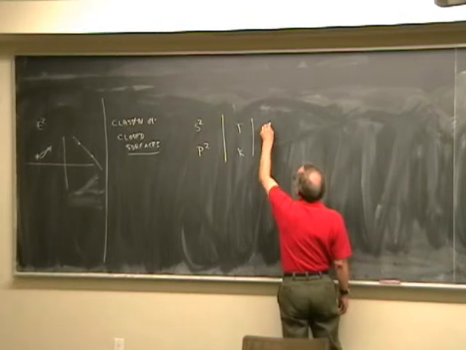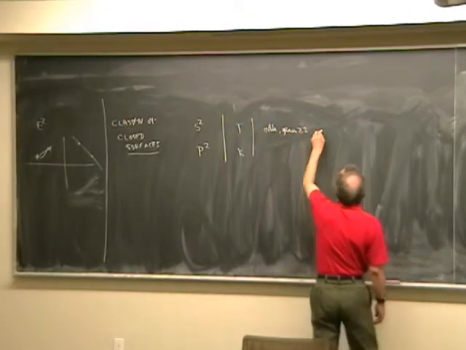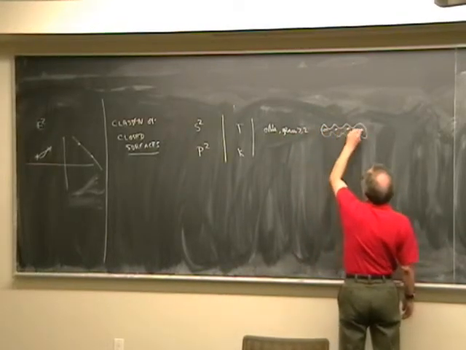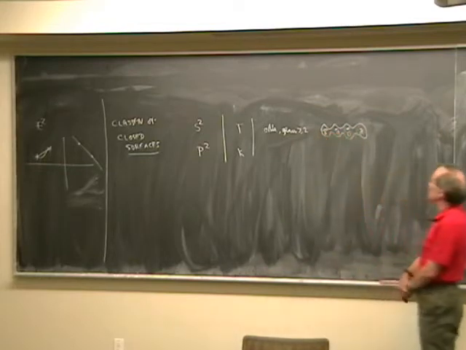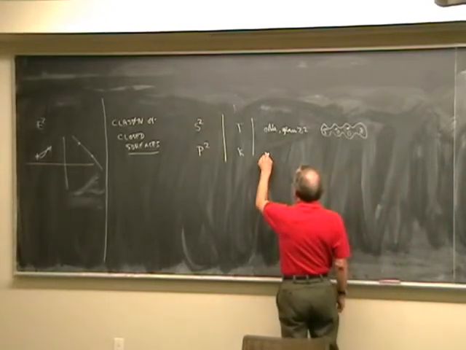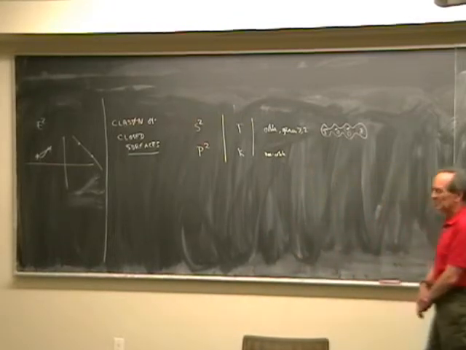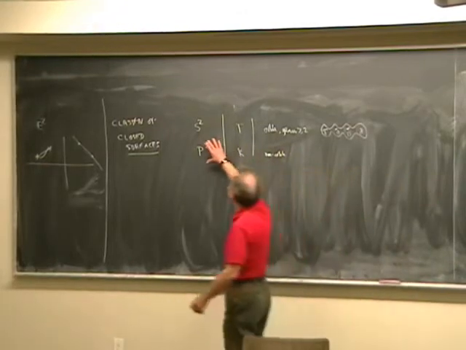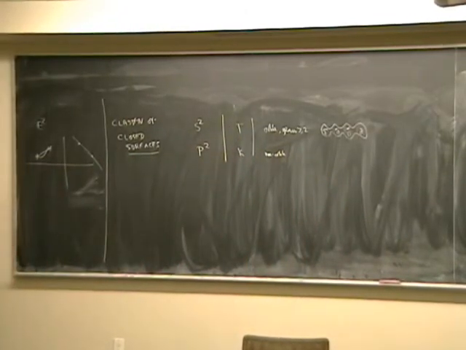The top line is orientable. There's meant to be a representation of a genus 4 surface. And here you get non-orientable surfaces. That's the complete classification of closed surfaces, which I hope everyone is familiar with. You can't quite prove it.